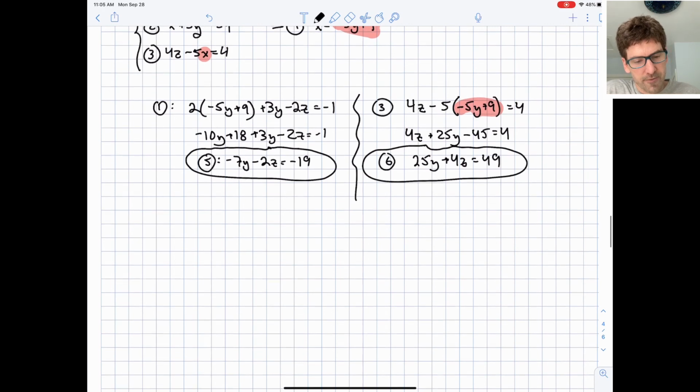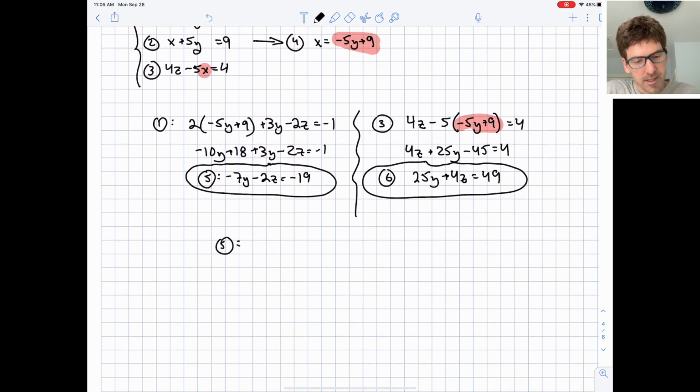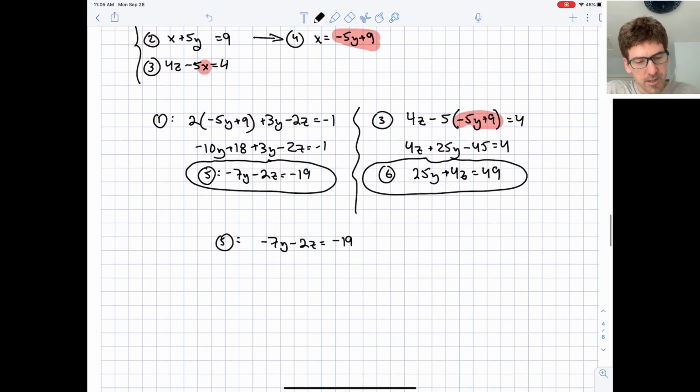So we have equation 5 as negative 7y minus 2z equals negative 19. Actually, let's multiply equation 5 through by 2. Let's undo some of that work I just did.